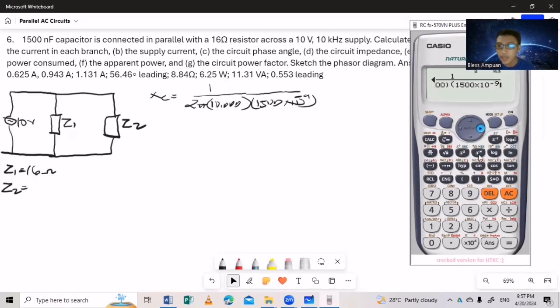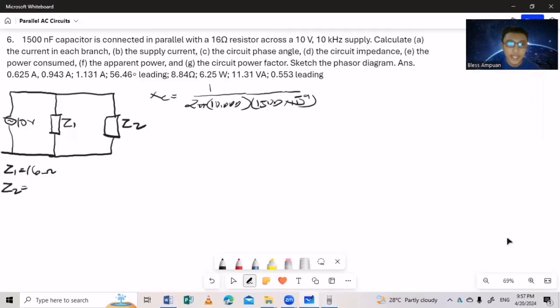Therefore, our X sub C, or the capacitive reactance, is 10.61 ohms.